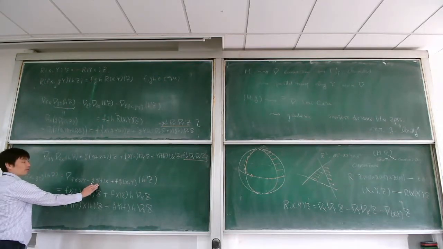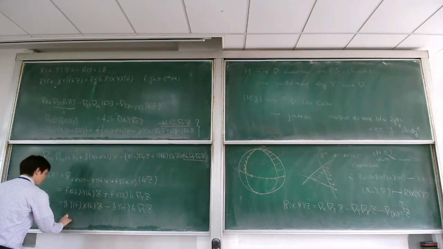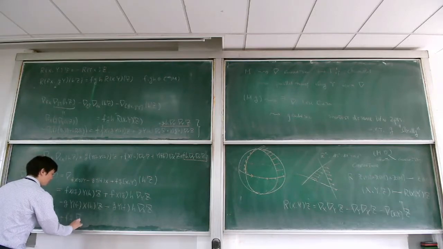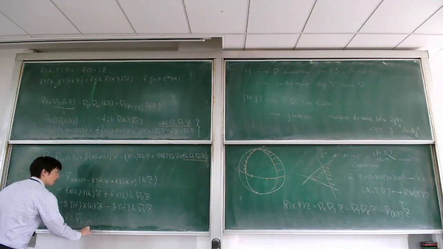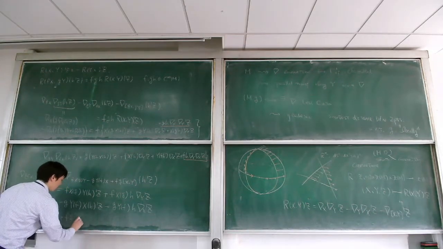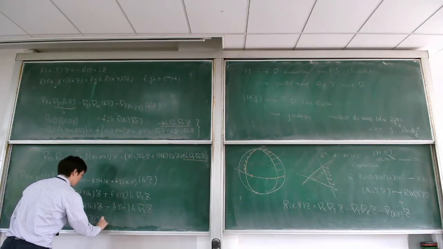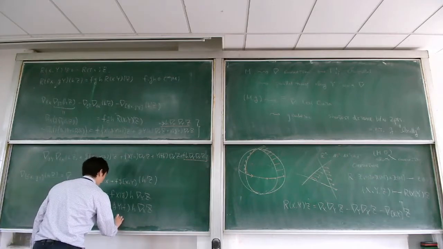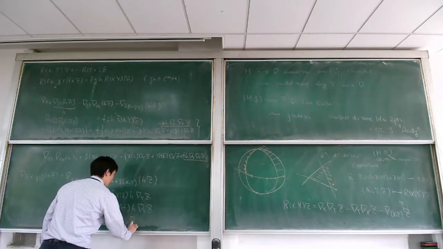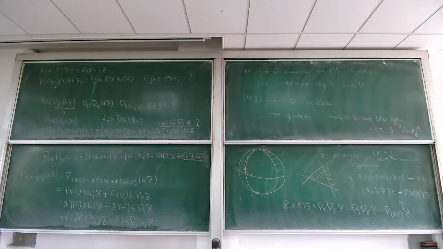And next is coming from here: FG nabla XY acts on H and Z, plus FGH nabla XY and Z. Do you agree?